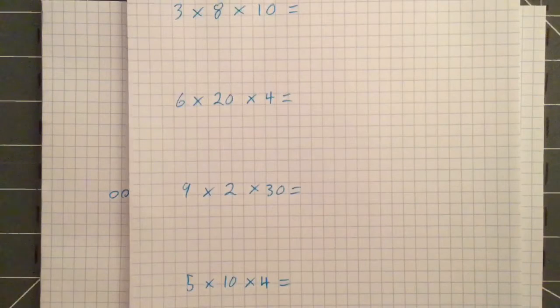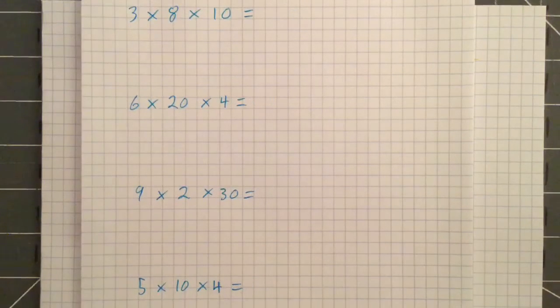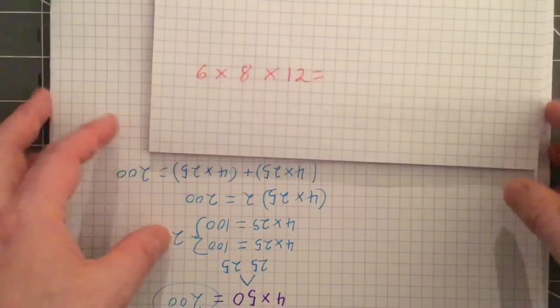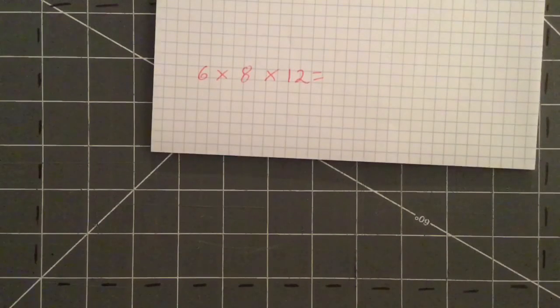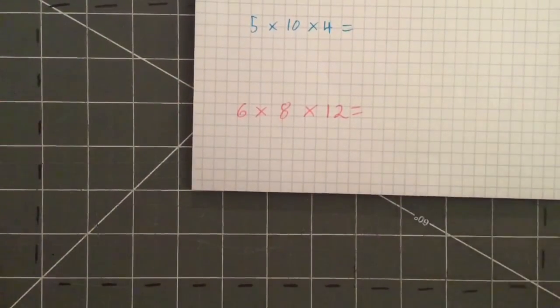I want you to take these 4 equations and write them out using the associative property. That means for each one, I want you to write at least 3 other complete equations. I'm going to show you exactly what I mean with the pink one all the way at the bottom. Okay, we're going to write this out in 3 different ways.